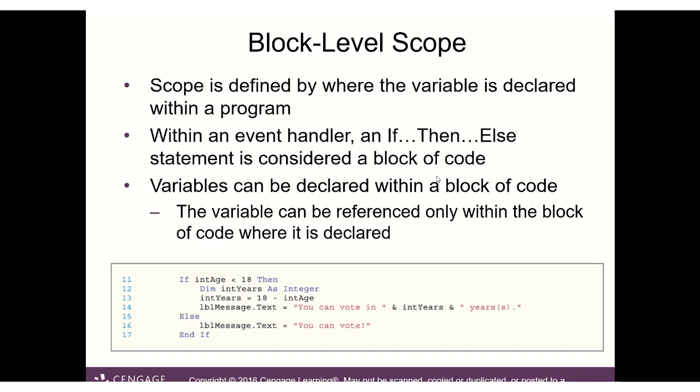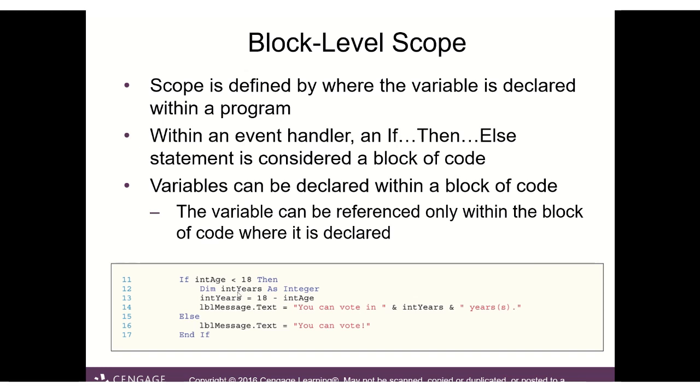The scope of a variable is defined by where the variable is declared within a program. Within an event handler, an if then else statement is considered a block of code. So you can easily define a variable inside that block. Let's say we define this int years.